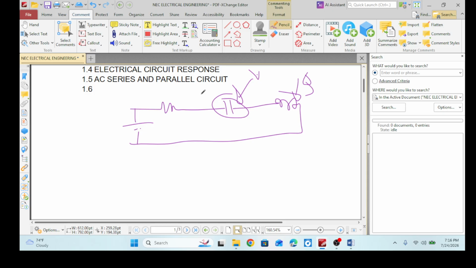So when the alternating current is passed through this circuit, the inductor and the capacitor store and release energy, resulting in a complex waveform.